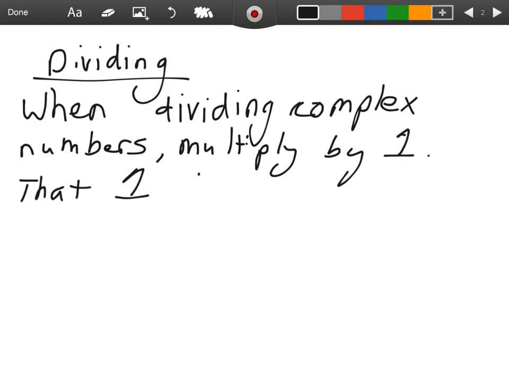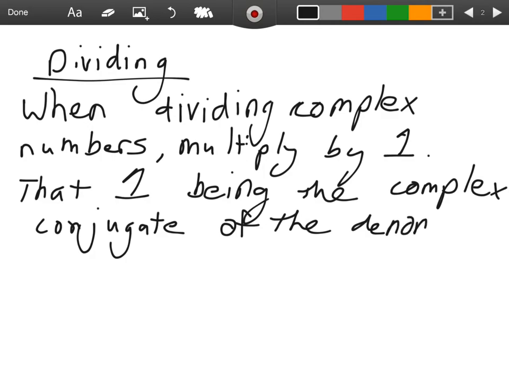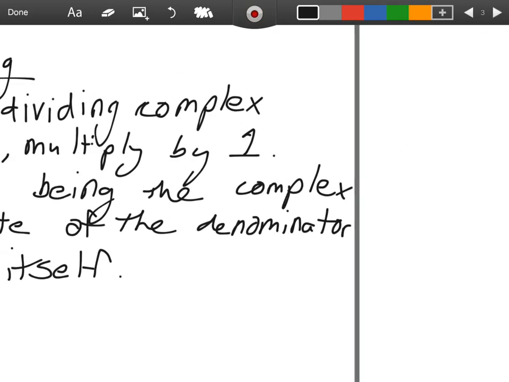That 1 being the complex conjugate of the denominator over itself. Okay, so let's do a couple examples. That's kind of confusing, but it makes sense when you see an example.